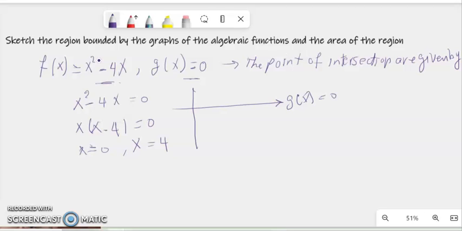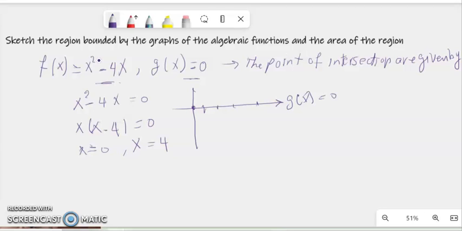Substituting: when x equals 0, y equals 0.